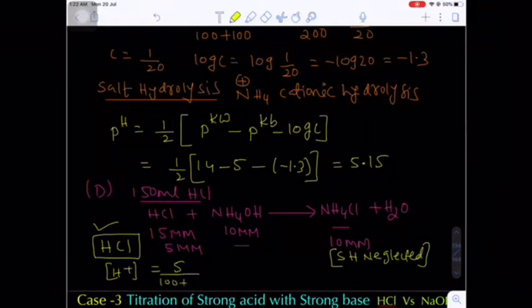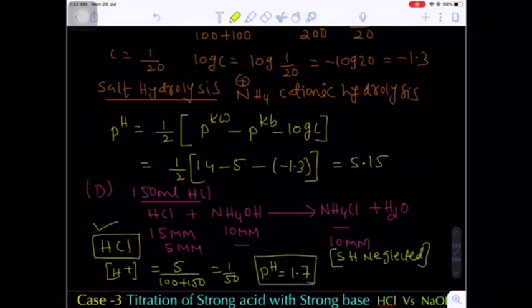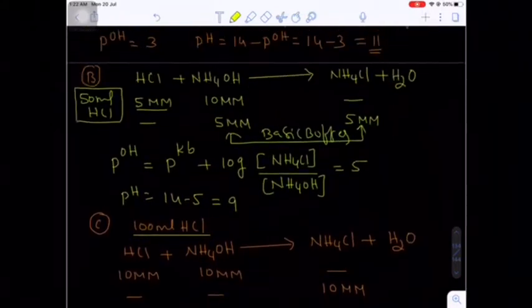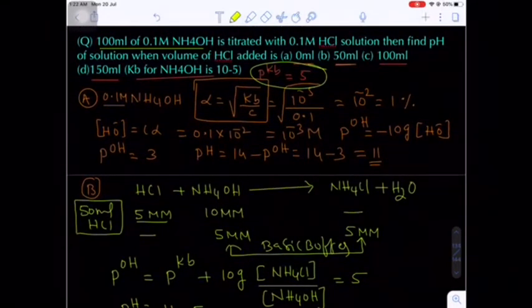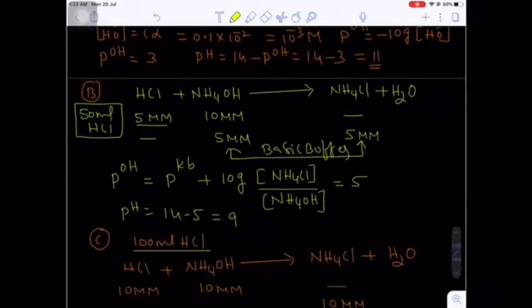Now what is the H plus ion concentration in the solution? Total number of millimoles left here is 5, that is hydrochloric acid, and total volume of the solution is 100 ml plus 150 ml. This will be 1 by 50. From here the pH of the solution will be 1.7.